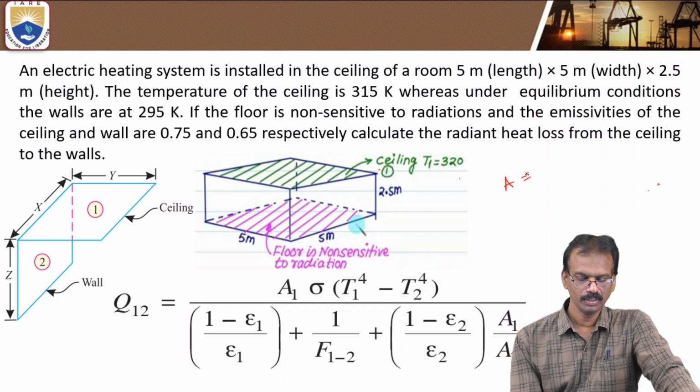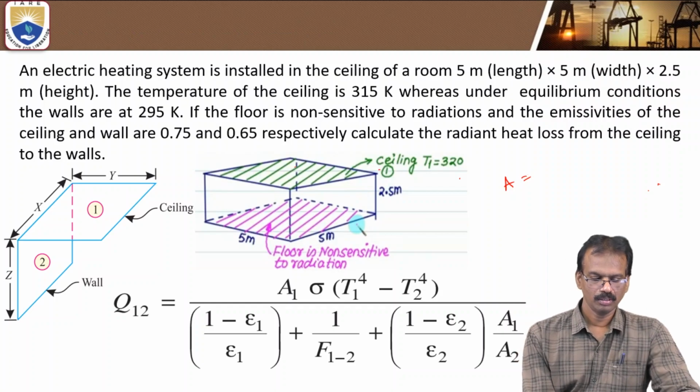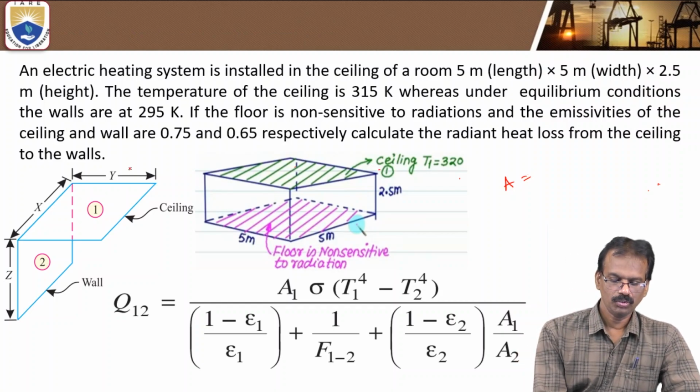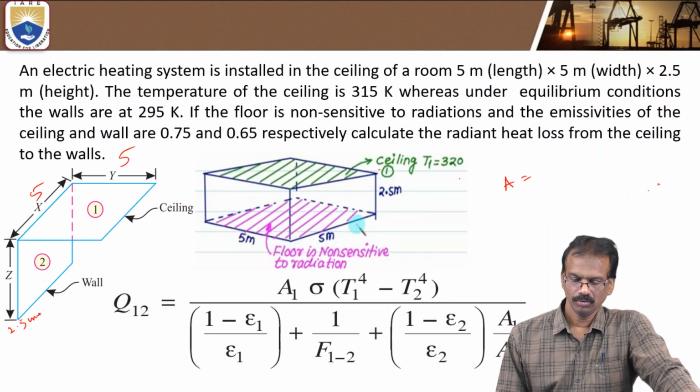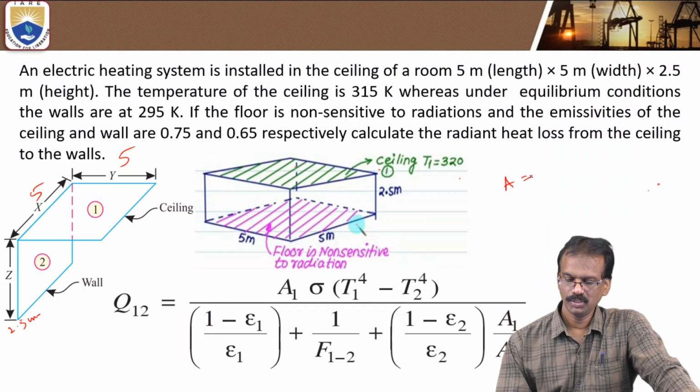Area of the ceiling is length into breadth. This is 5, this is 5, and height is equal to 2.5 meters. So the area of the ceiling, A1, is equal to 5 into 5 meter square.